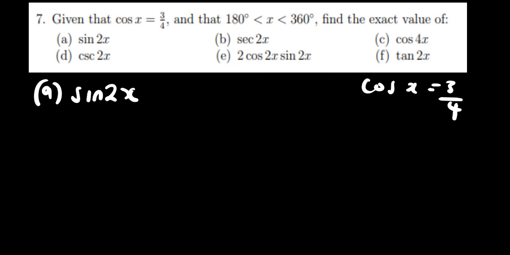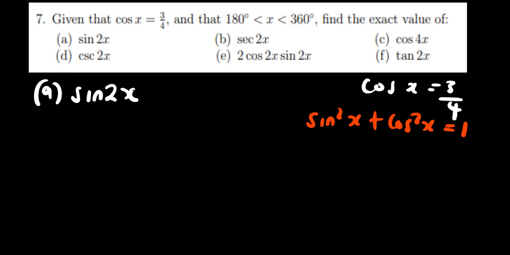So what do we do? In this regard, we can use our identity to find sine, because it would be hard for us to find sine. So let's use our identity: sine squared x plus cos squared x is equal to 1.